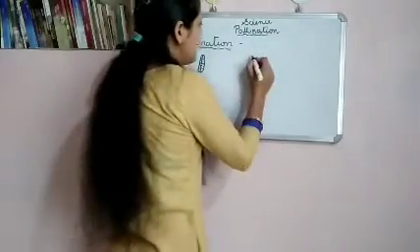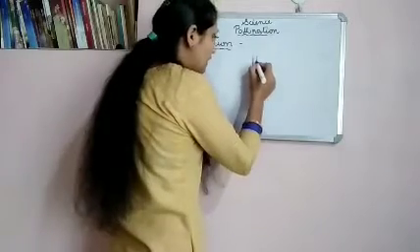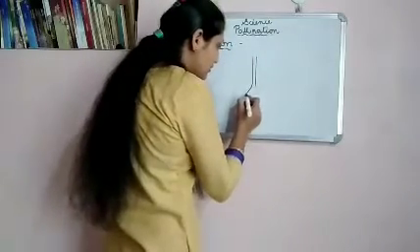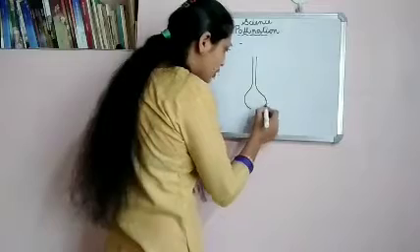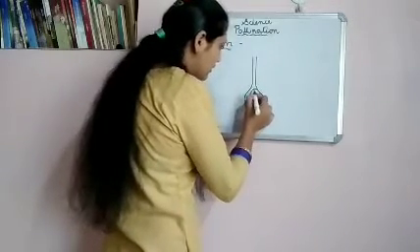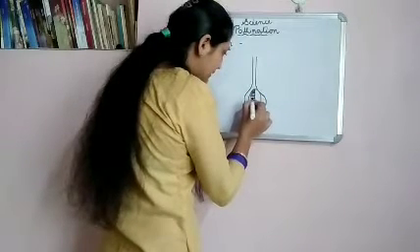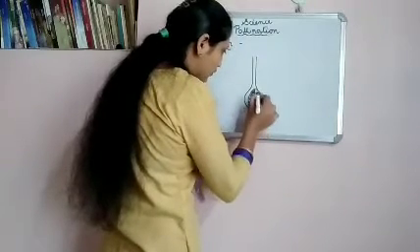And this is the female reproductive part, that is carpel or pistil. This basal portion is the ovary. Inside the ovary there is the ovule, and small bead-like structures are present. They are called egg or ovum.